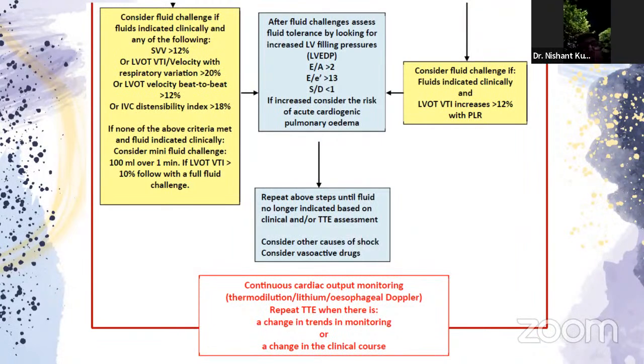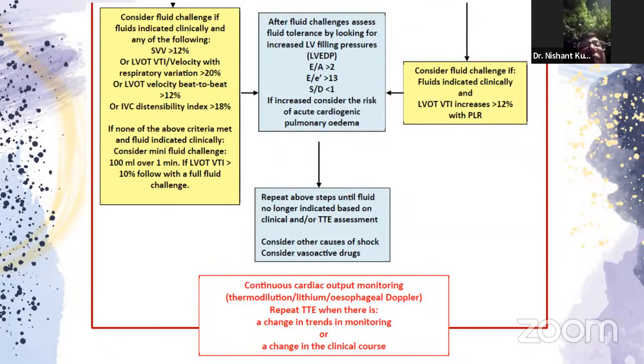LVOT VTI, right? And if there are conditions which say that the echocardiography parameters might not be correct, you do a fluid challenge clinically, if indicated clinically, and then you see the LVOT VTI increase of more than 12% with PLR without administering any more fluids, right?